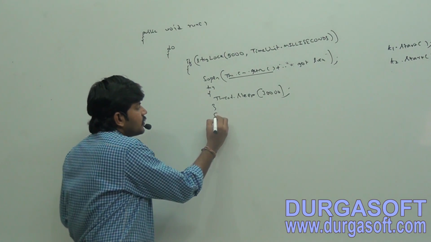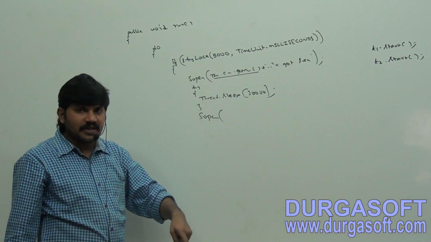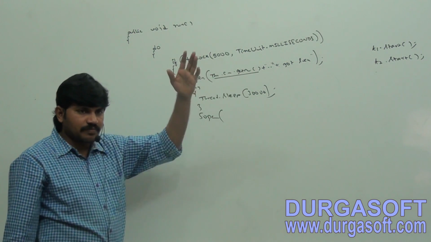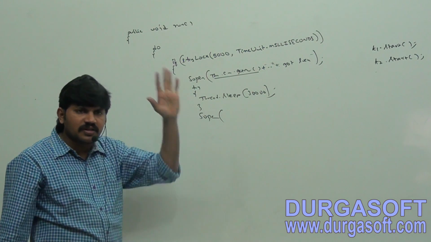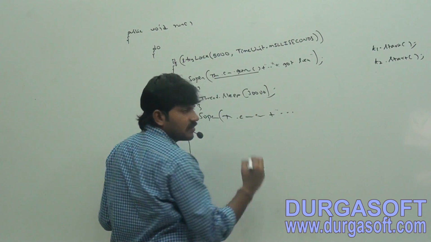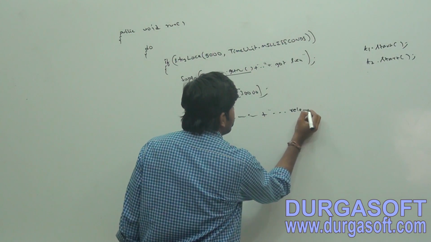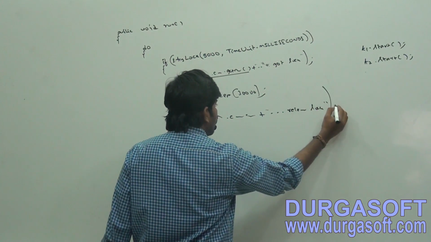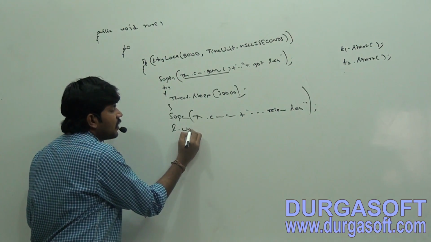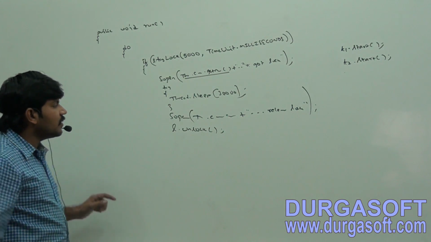After 30 seconds of sleeping, it is going to wake up and release the lock. Thread.currentThread().getName() releases the lock. Releasing the lock is nothing but l.unlock, the unlock method.